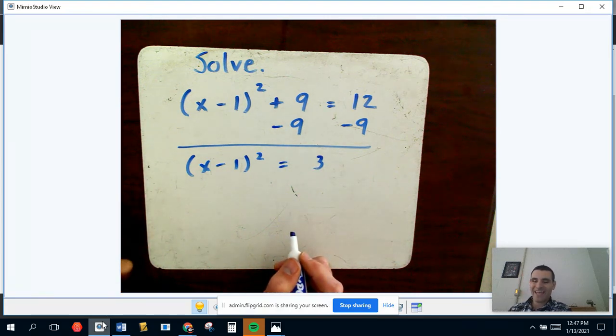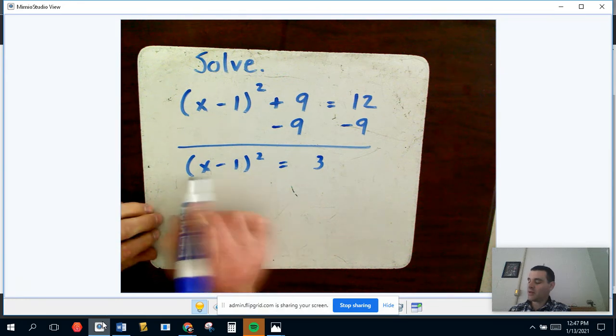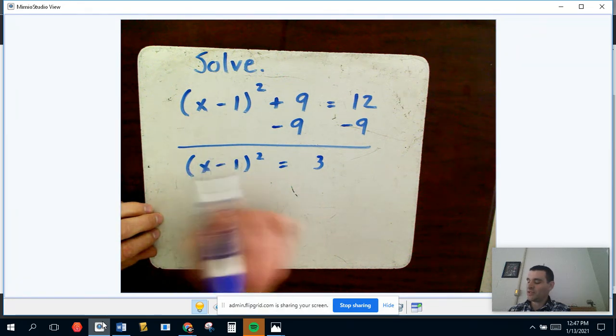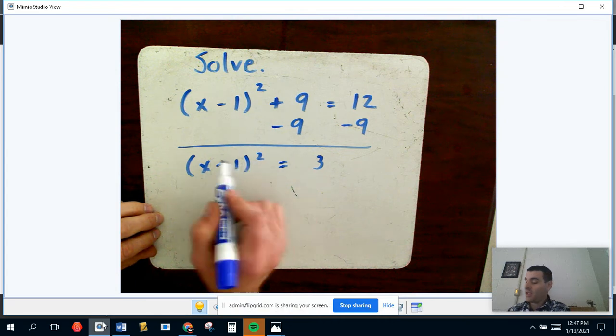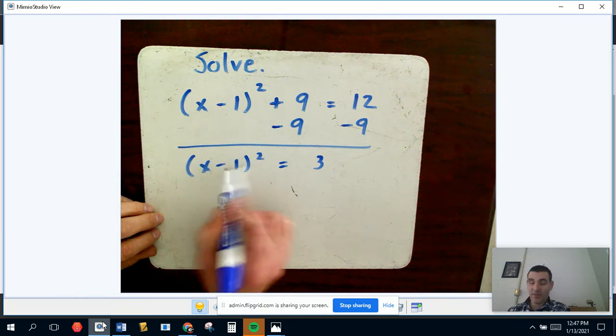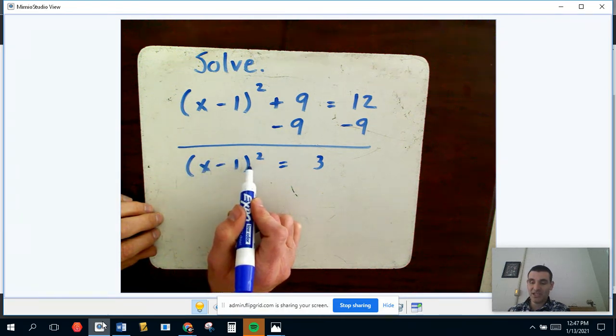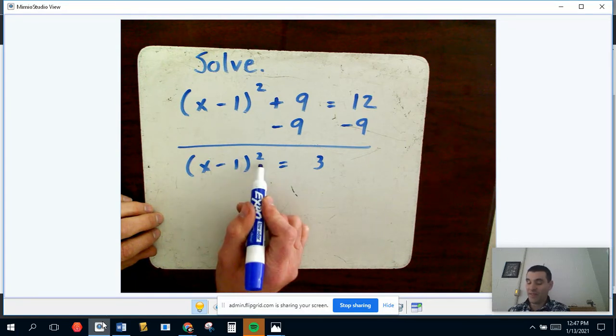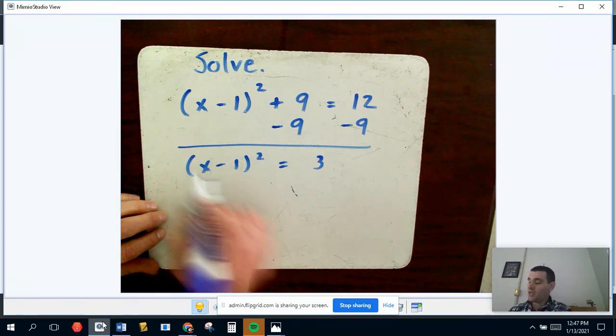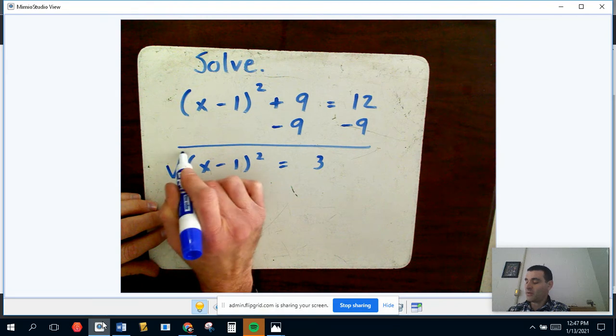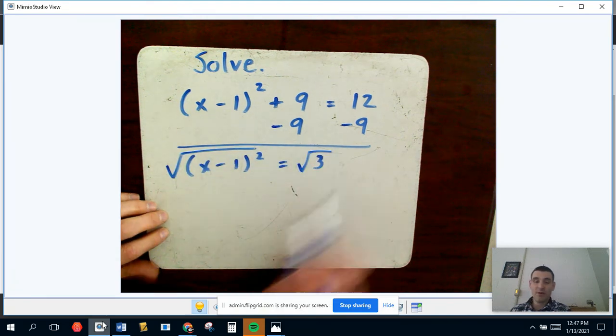Now at this point, I cannot add 1 because this 1 would belong to this square. The left-hand side right now is this entire thing squared. So I can't just pull 1 out of part of it when that 1 is really part of that square. So what I'll do instead is just immediately deal with the square by taking the square root.